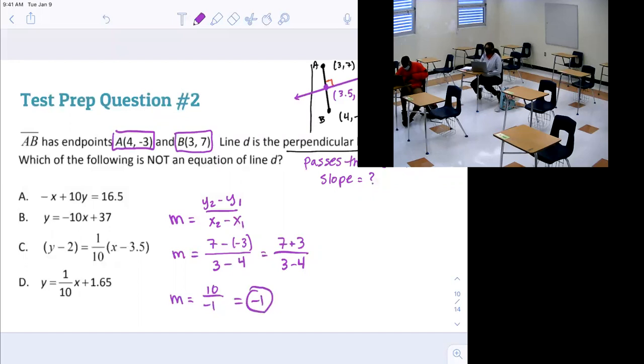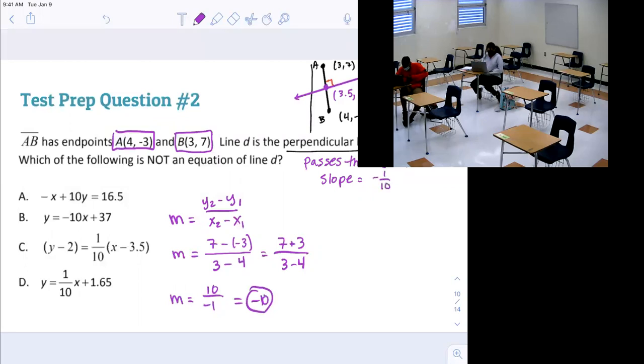So the slope of my perpendicular bisector has to be not -10, but rather, good, Tyrone, -1/10.